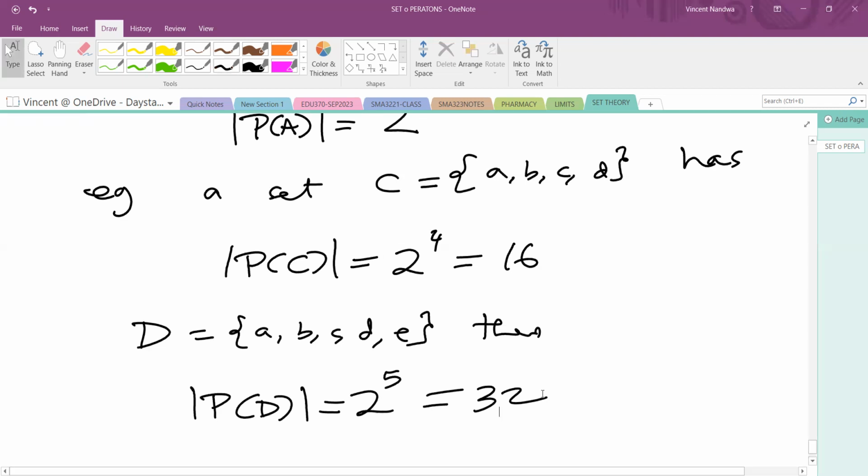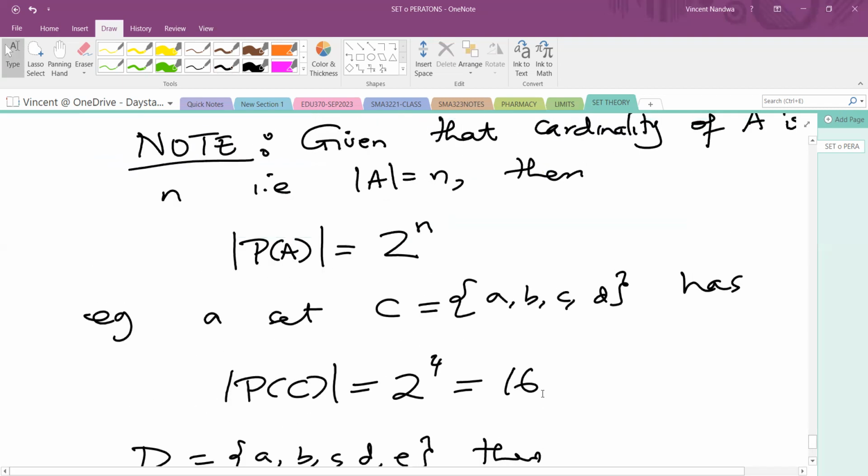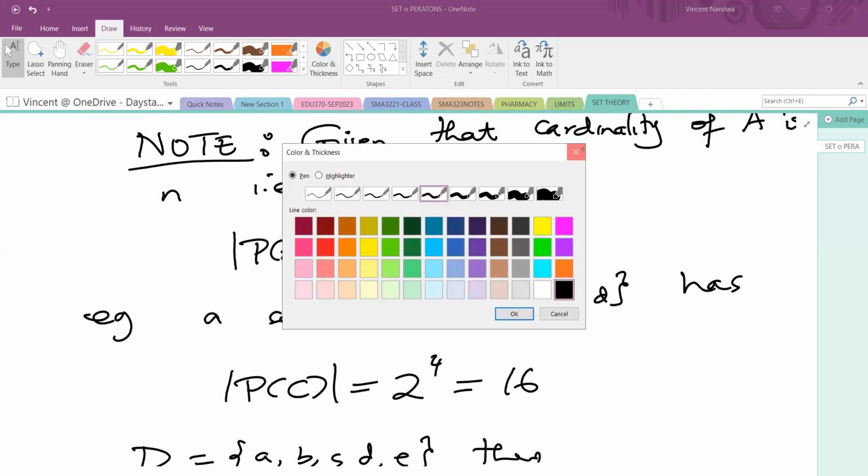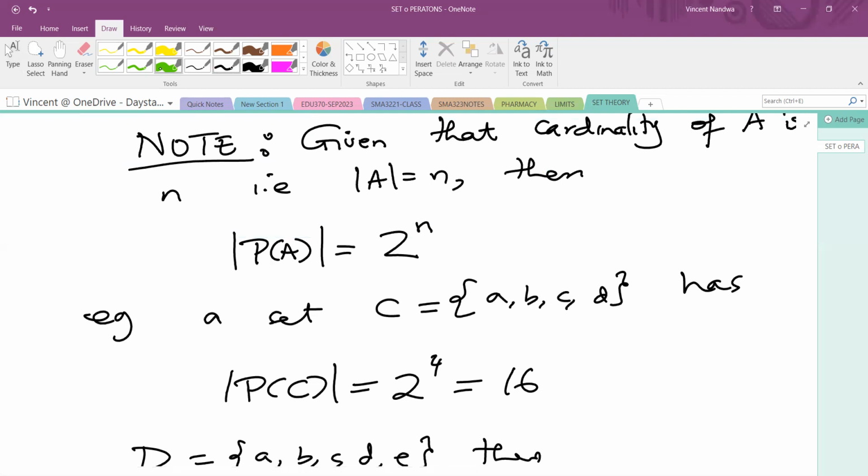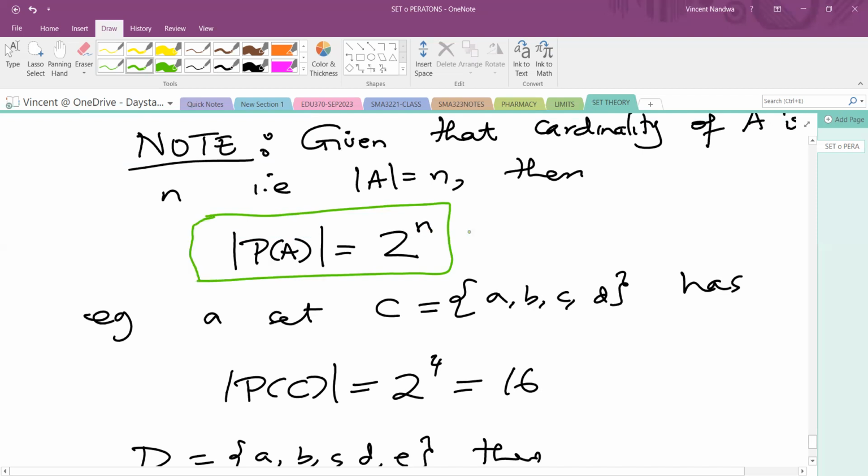So the formula that relates the cardinality of the power set and the cardinality of the set in question is given by this relation here, where n is the cardinality of set A. So from that formula, you can get any unknown provided that you have been given one.